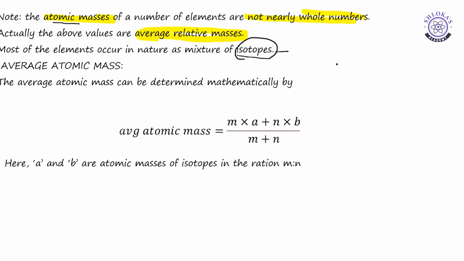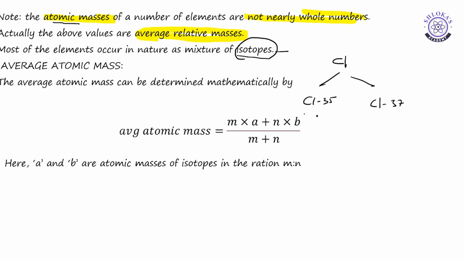For example, chlorine is available in the form of two isotopes, chlorine 35 and chlorine 37. These two have the same atomic number, but one has mass number 35 and the other 37. So in nature chlorine is available in the form of these two isotopes.